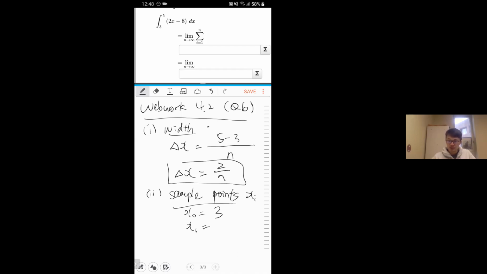The lower limit is 3 here, as you can see from the integral. So x0 is 3. What about x1? What is the next point? Yes, you computed the width to be 2 over n, so x1 should be 3 plus 2 over n. x2.